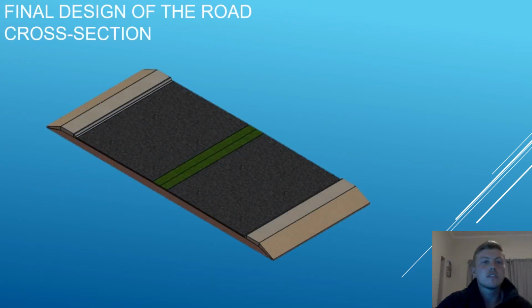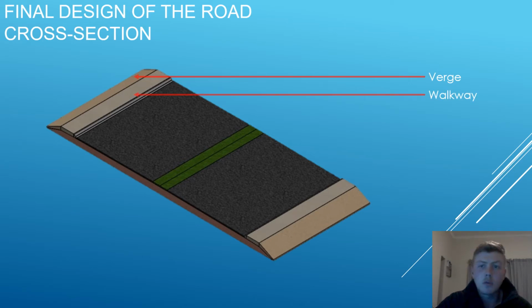From all the final design processes, it was concluded that my road will consist of a verge. The verge will be on both sides of the road, ensuring proper drainage and guiding the water away from the road. The walkway is to ensure the safety of the public and the pedestrians walking nearby and living in the rural areas.